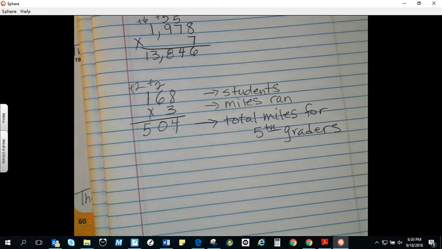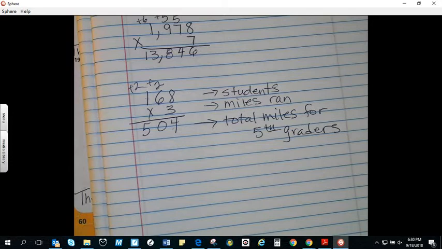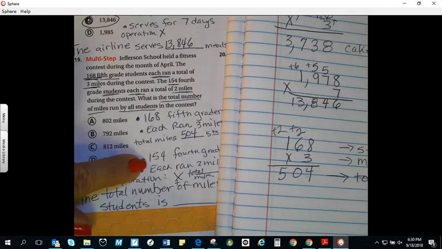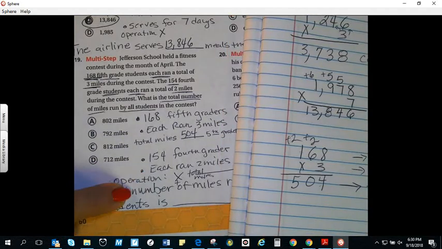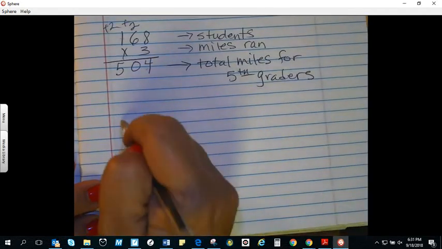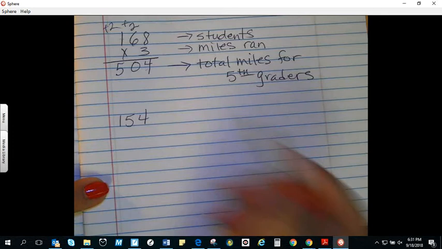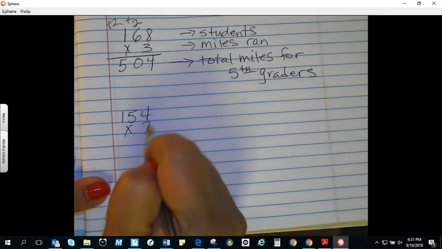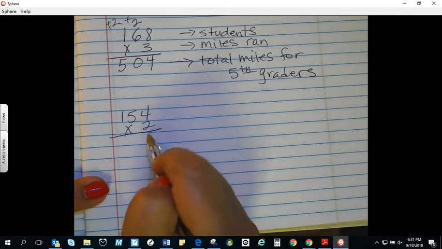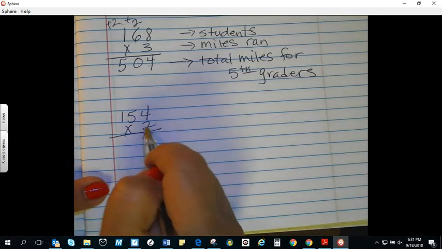Okay. Do you see how I'm identifying each of the factors and then what the product is telling me? It's really hard to be solving problems when you don't know what those numbers represent. For the 4th grade, 154 students, and they each ran 2 miles. So now I have 154 students times 2. 2 times 4 is 8. 2 times 5 is 10.